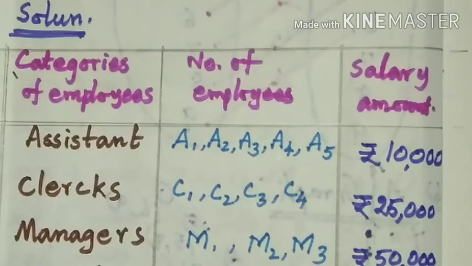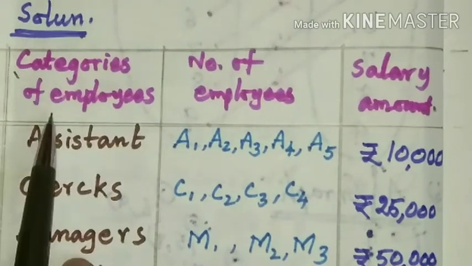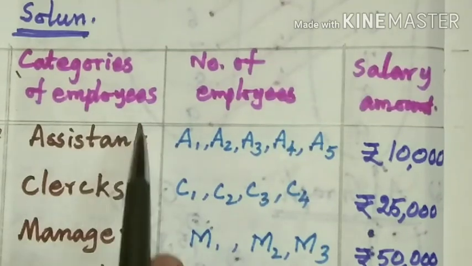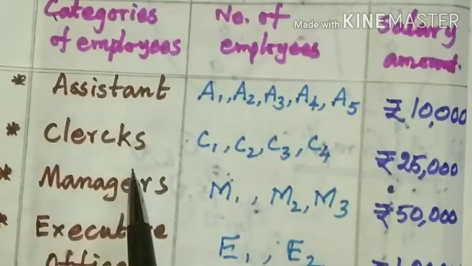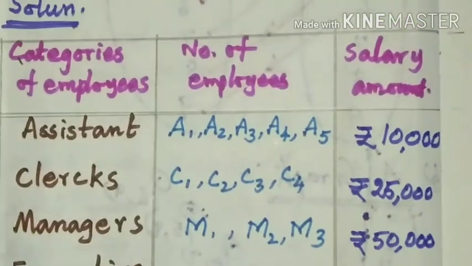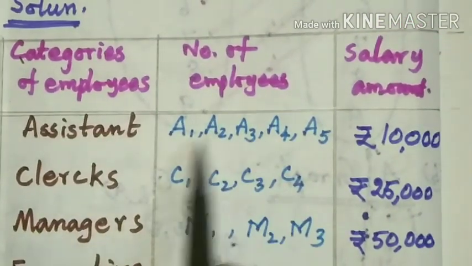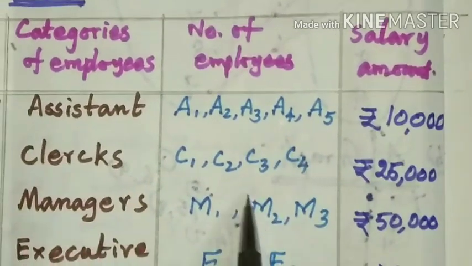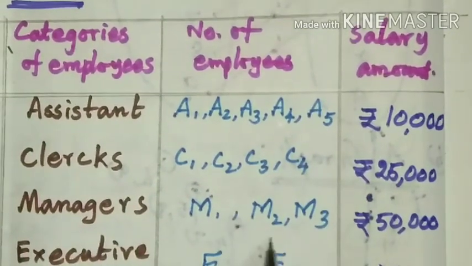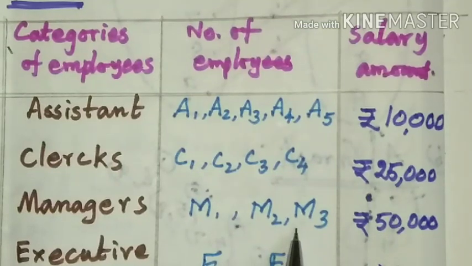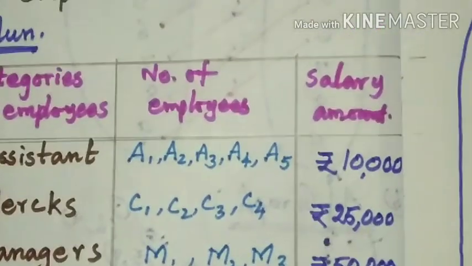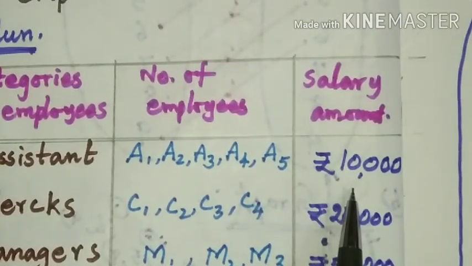In the fifth question, read the question thoroughly and write the given. In that question, the categories of employees are given: assistant, clerk, manager, executive officer. The number of employees is also given. In assistant, 5 members are there, in clerk 4 members are working, in manager 3 members, and executive officer 2 members, and their salary is also given.